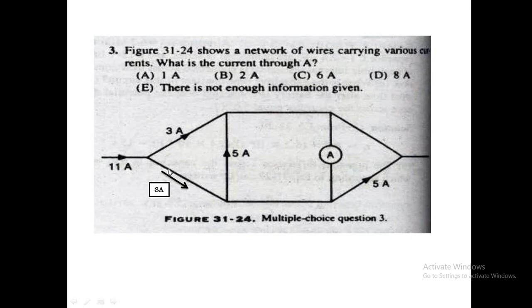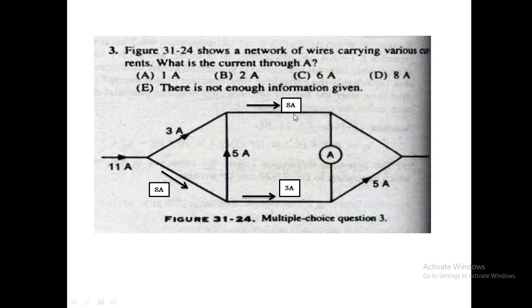So it means that you have 8 ampere current here. If 8 ampere current is there and 5 ampere is going upward, then you are left with 3 ampere here. As well as if there is 3 ampere, then you have 8 ampere because 5 ampere is added at this point with 3 ampere and you get 8 amperes.